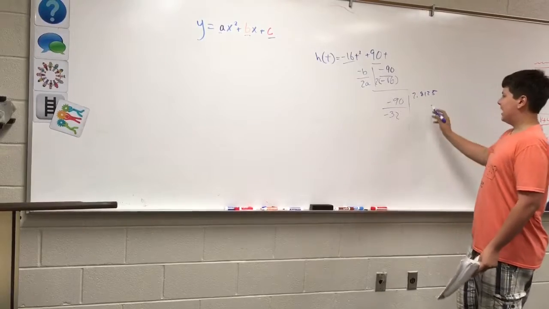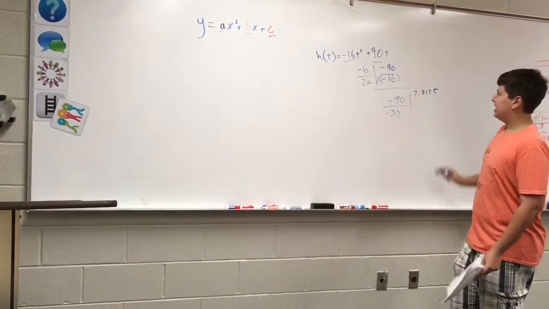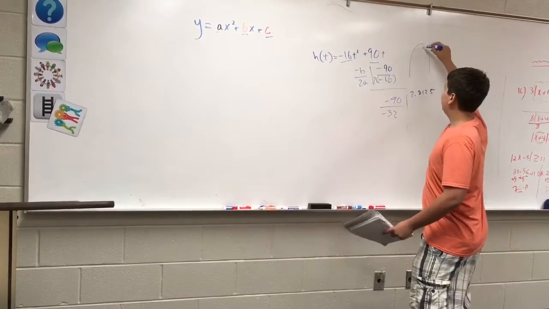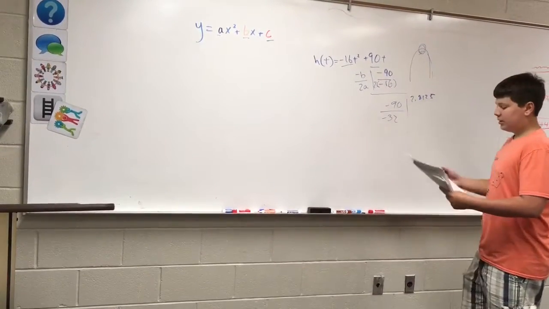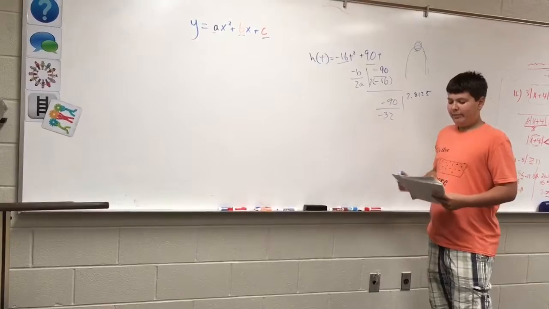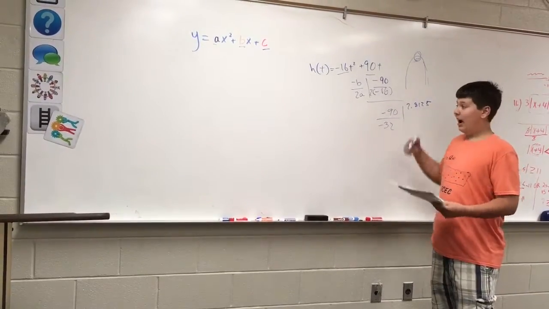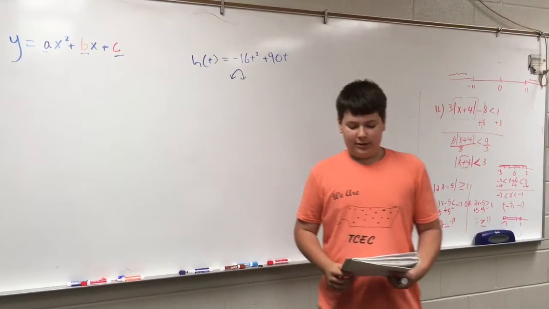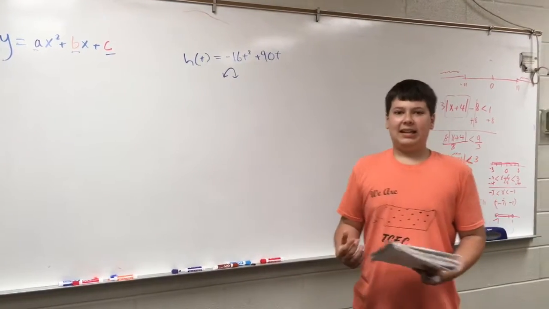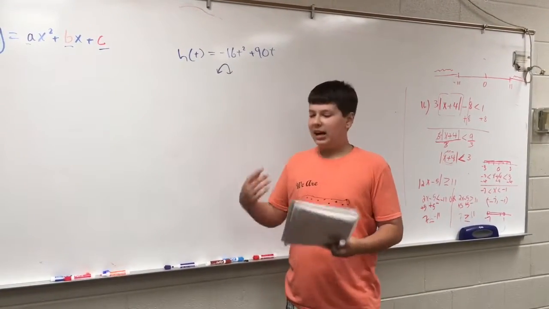And that's how many seconds it takes to reach the maximum height, right here, where it curves down. So that's how to find how many seconds it takes to reach the maximum height of the ball. Now you've learned how many seconds it takes to get to the height.